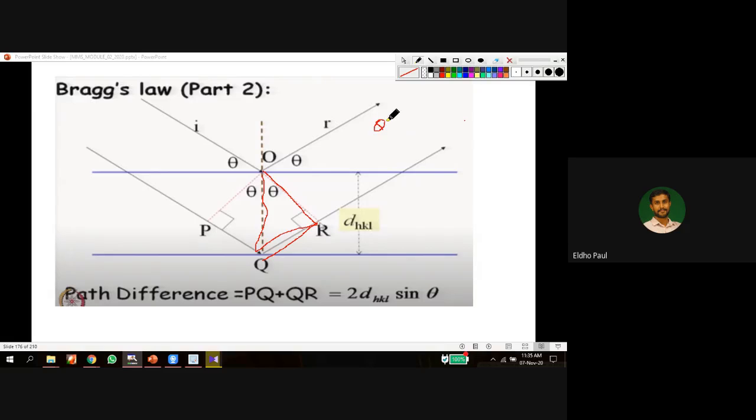QR by d is sin theta. So QR equals d sin theta. Similarly, what is PQ? Considering this right angle, we get PQ equal to d into sin theta again.